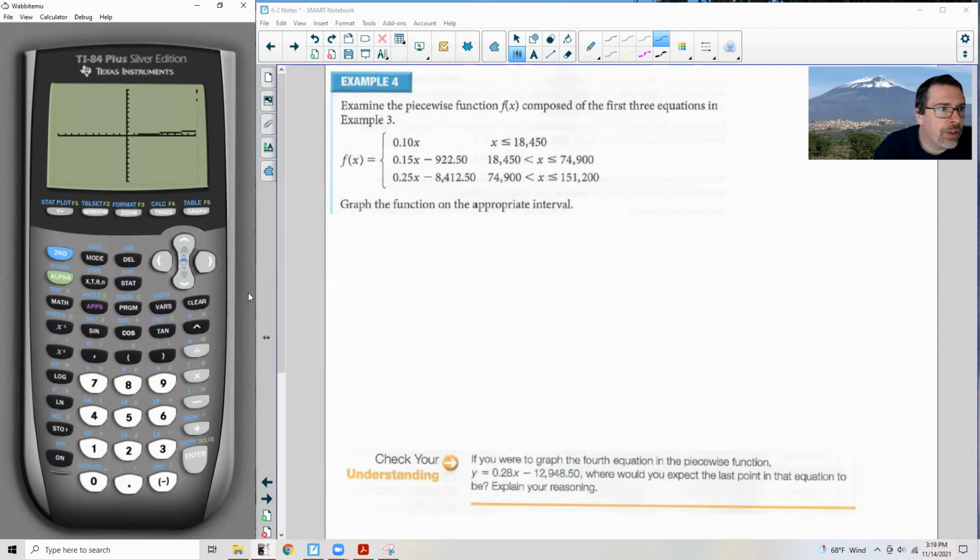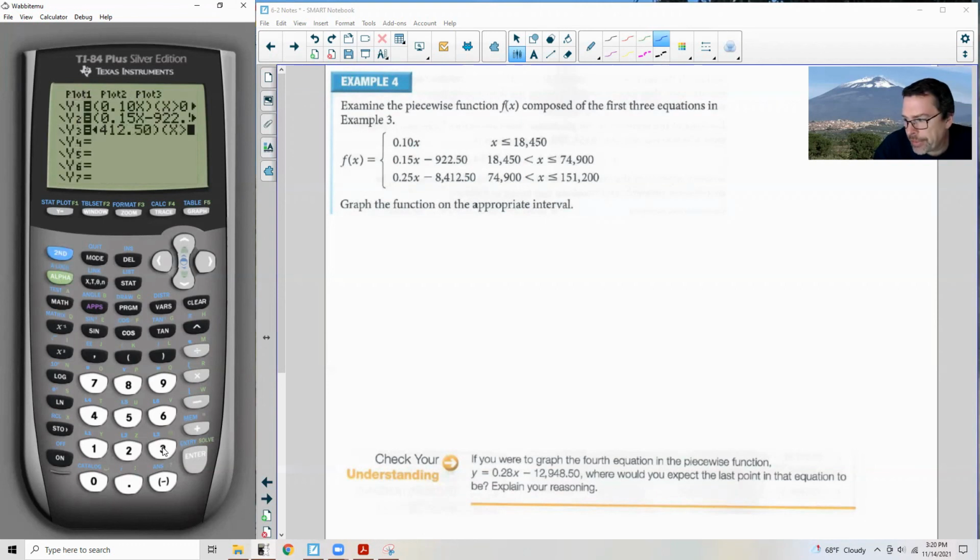I'm just doing this so I check to see if there's an error. If it did it and didn't say error, it should be okay. And then go back to y equals again, go to the third parameter. In the first parentheses goes this equation, 0.25x minus $8,412.50. Close the parentheses, new parentheses, x, second math, greater than is 3.